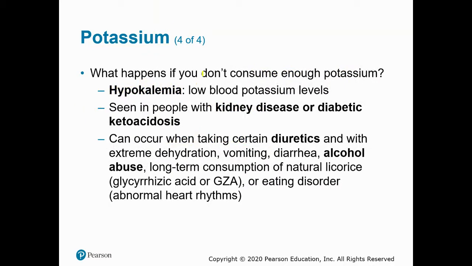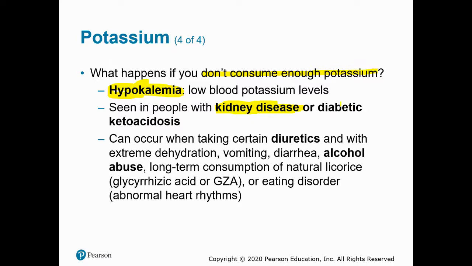And then the opposite, if we don't consume enough potassium, this would be hypo, too little, too low, kalemia, so too low potassium in the body. We see this for people who, again, have a kidney disease and potentially aren't able to reabsorb potassium out of the kidneys.